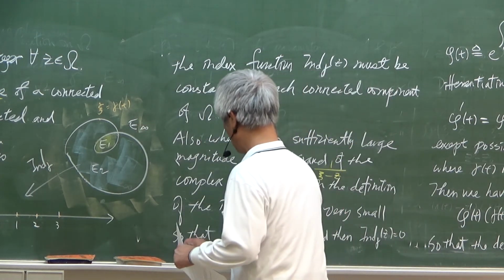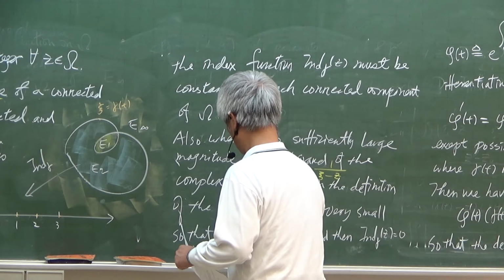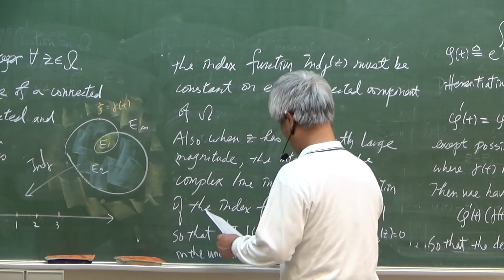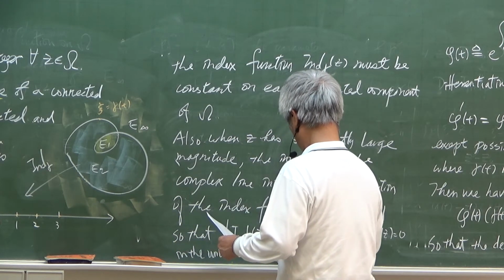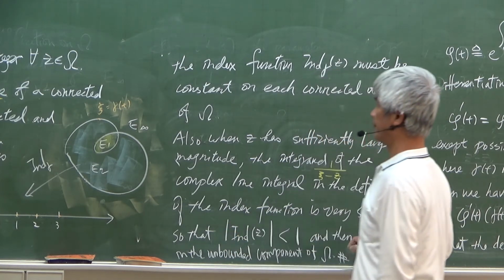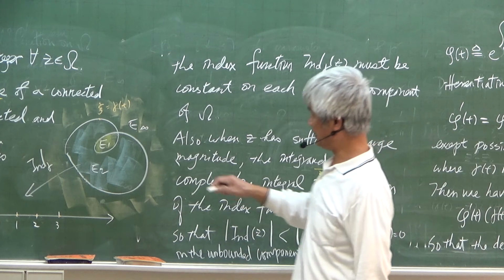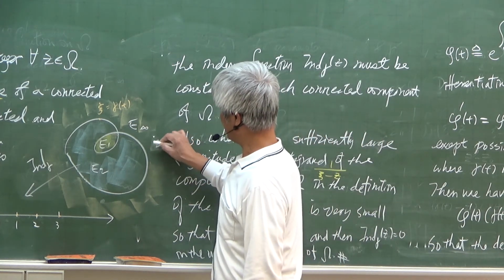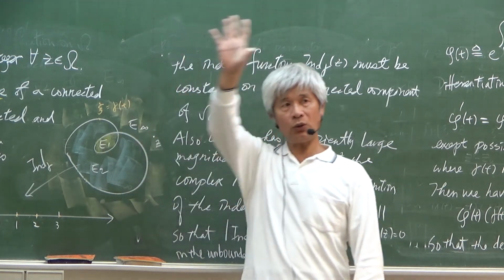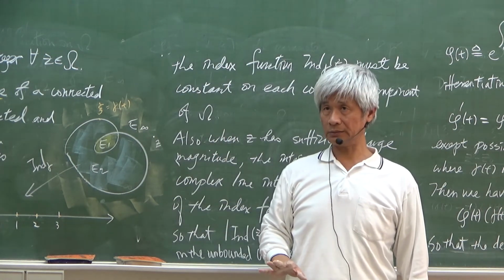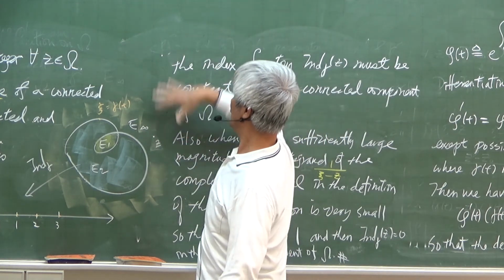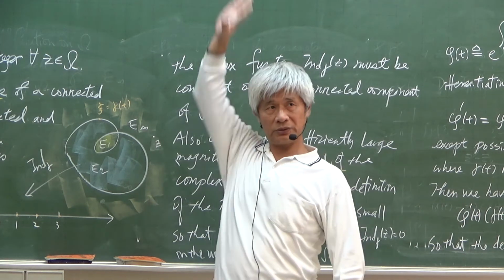So we have that in the unbounded component of omega, the index of z would be all the same because it's constant. So you just let z go to infinity.